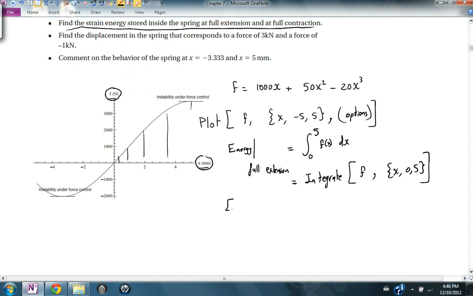The energy at full contraction is equal to the integral from 0 to -5 of f of x dx.